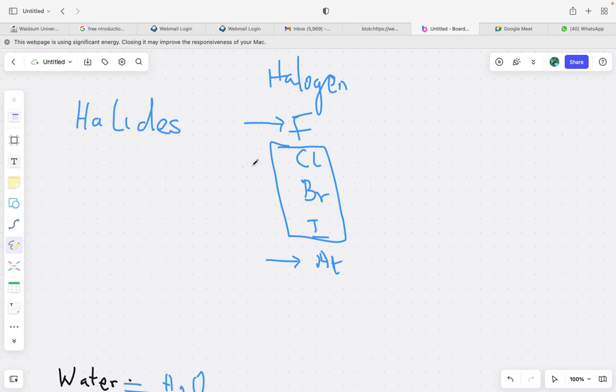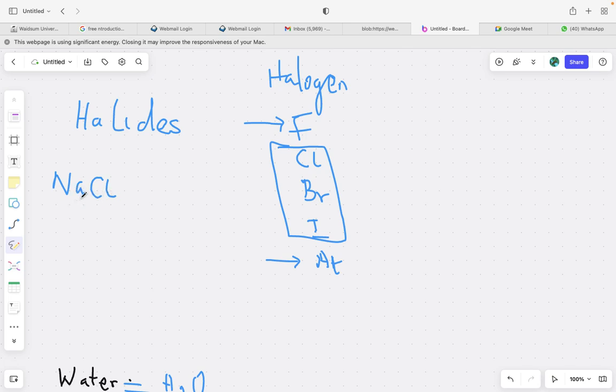So when a compound contains a metal and a halide, you don't call it sodium chlorine. Let's say you have NaCl. Let's say here is sodium chloride.